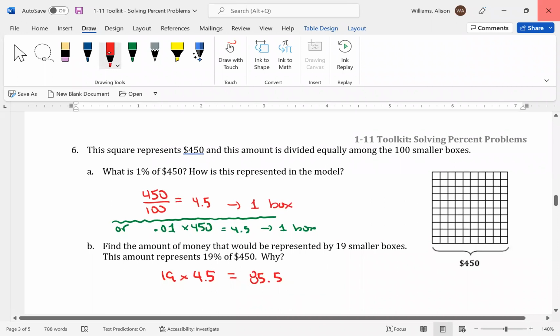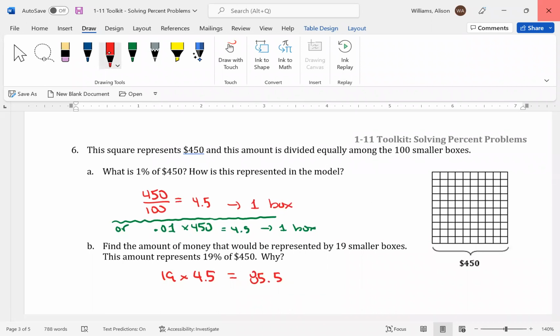By the way, I just realized they've been using dollar signs. I probably should have been using dollar signs too. So in terms of dollars, this would have been 450, right? And this in terms of dollars would have been 85.50. But there we go. And the answer is this amount represents 19% of 450. And they say, why?